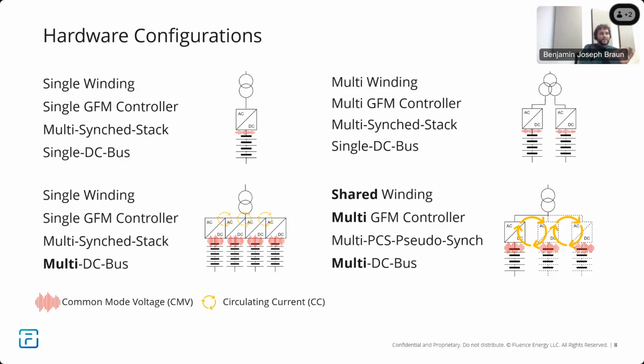So on the top left, very straightforward, single winding, single grid forming controller. It has multiple power stacks in it, but they're synchronized, and you've got a single DC bus. Okay, for your overall plant design, and even in a grid following project, of course, there's still many factors to consider.